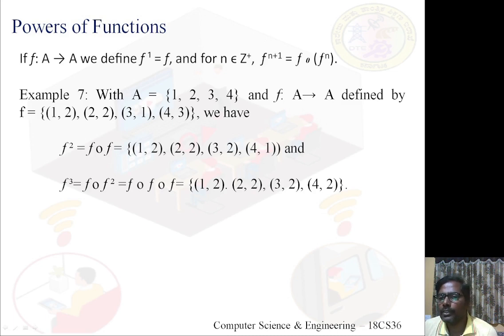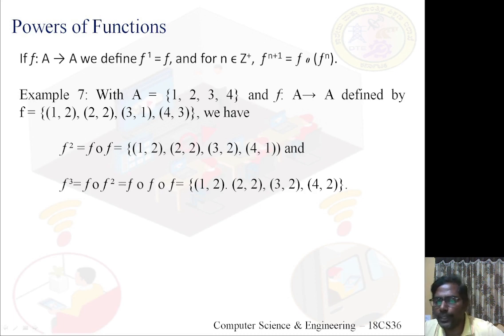So what is f dot f? The ordered pairs mean 1 is mapped to 2, 2 is mapped to 2, 3 is mapped to 2, 4 is mapped to 1.